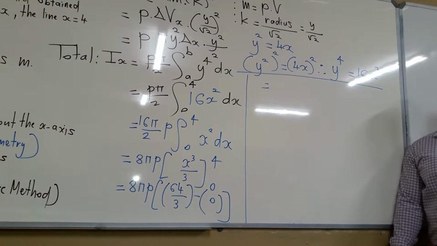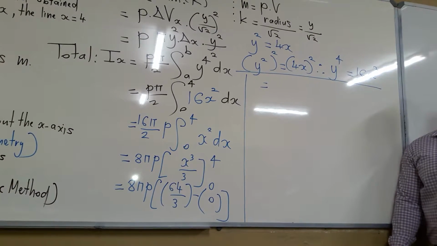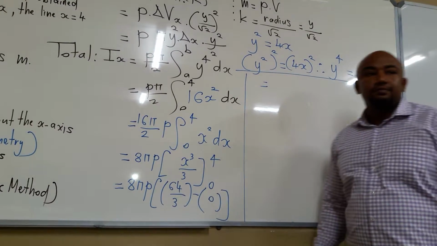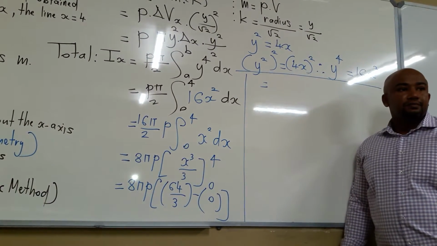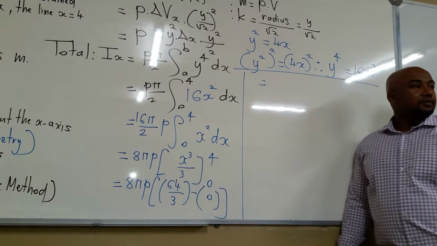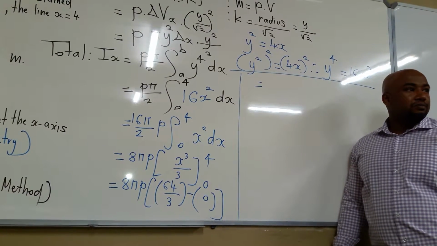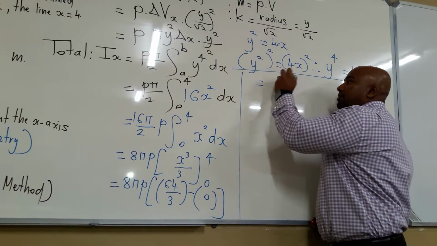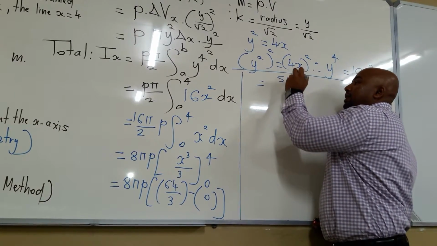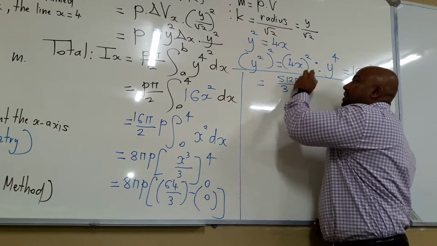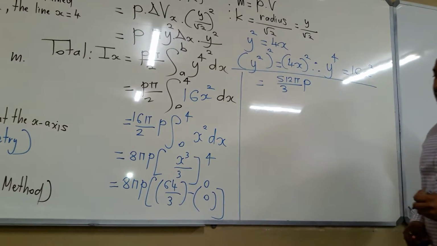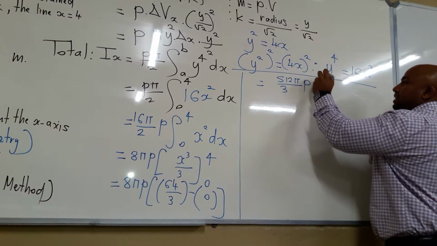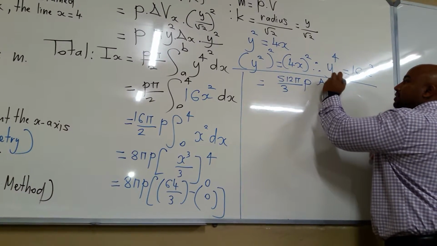What do we get there? Should get 512 pi over 3. So that will be 512 pi over 3 p. Right. So this is your answer in terms of p.